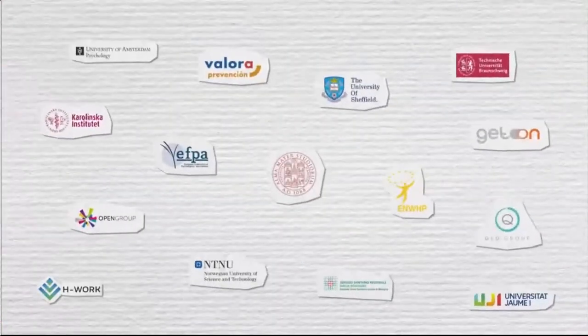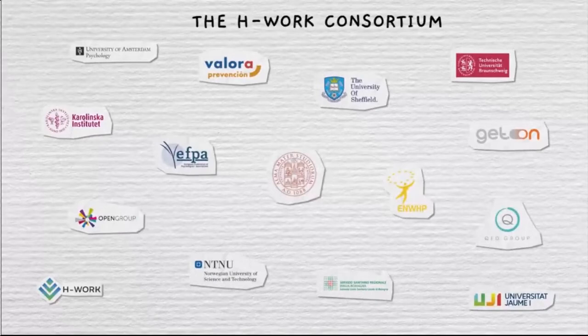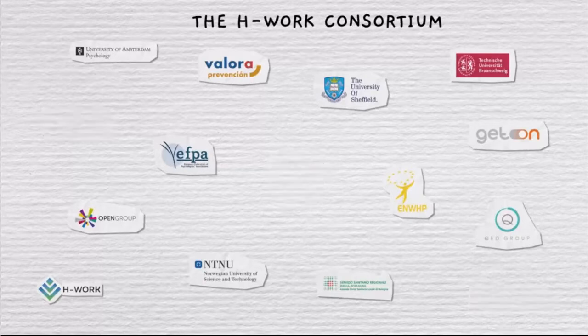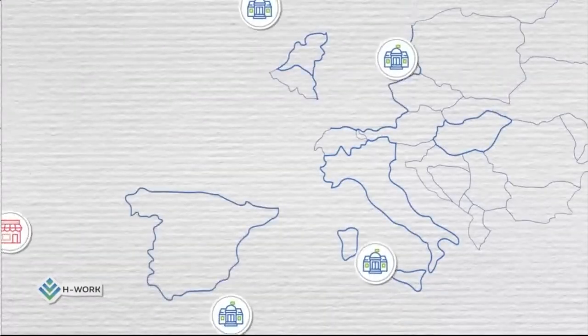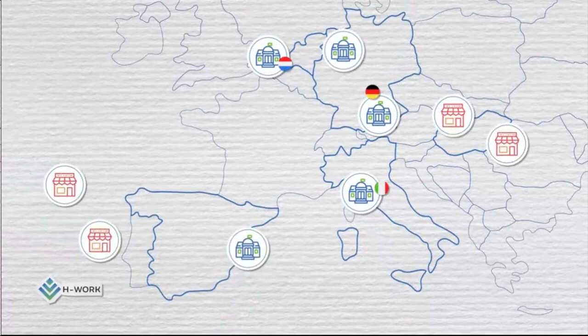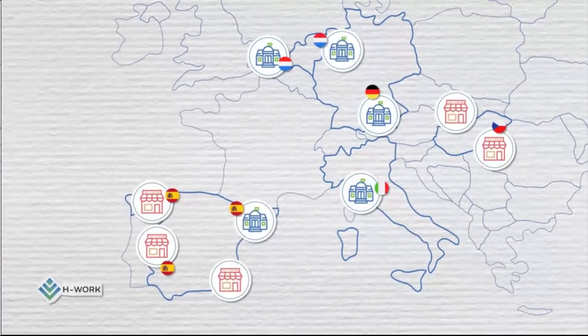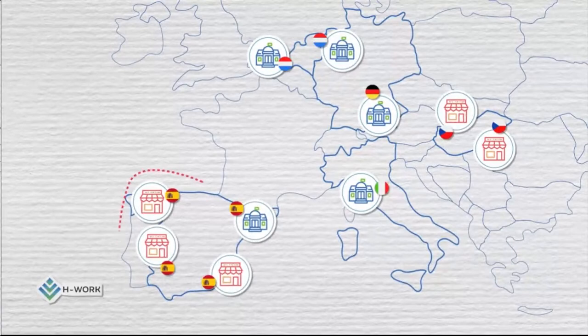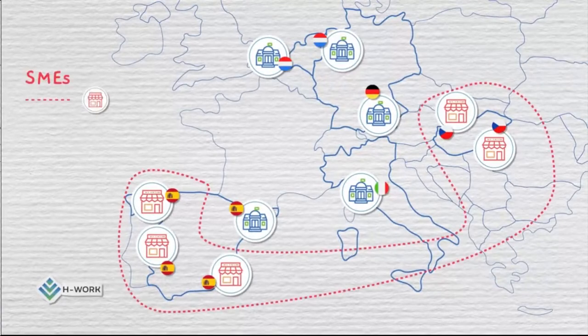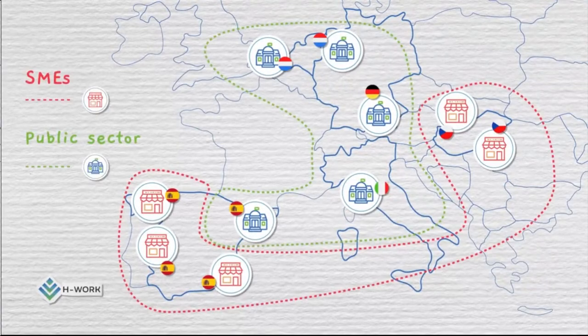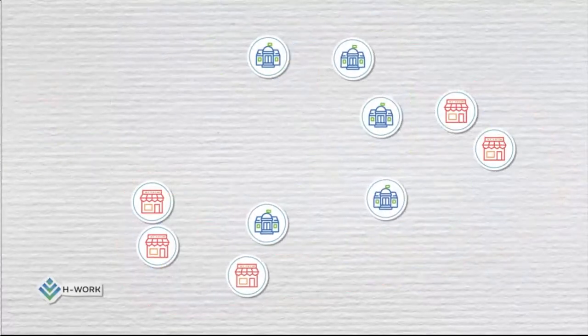Coordinated by the University of Bologna, the H-Work Consortium brings together broad, multidisciplinary expertise in advanced e-mental health solutions and communication. The project aims to design, implement, and validate effective multi-level interventions to promote mental health in 10 workplaces in Italy, Spain, the Netherlands, Germany, and the Czech Republic, reaching out to more than 1,500 participants.